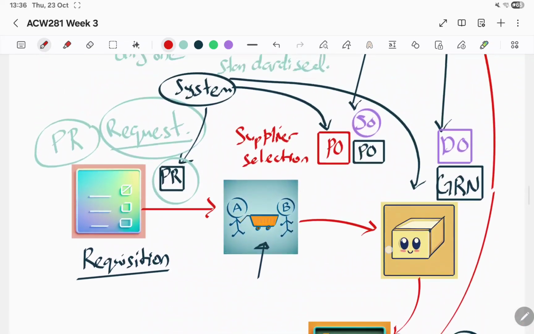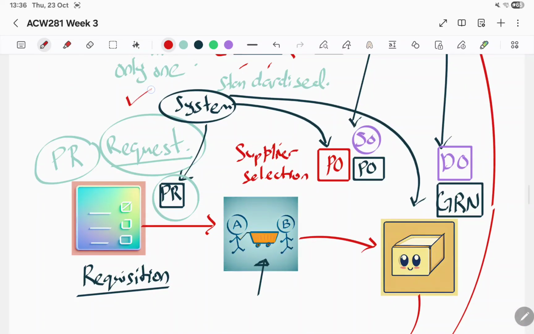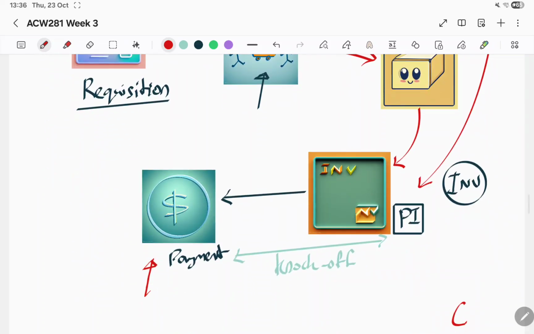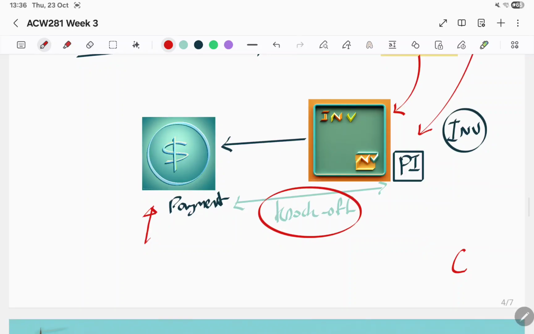So with this proper system, you will have the system recorded, and you have this knock off.